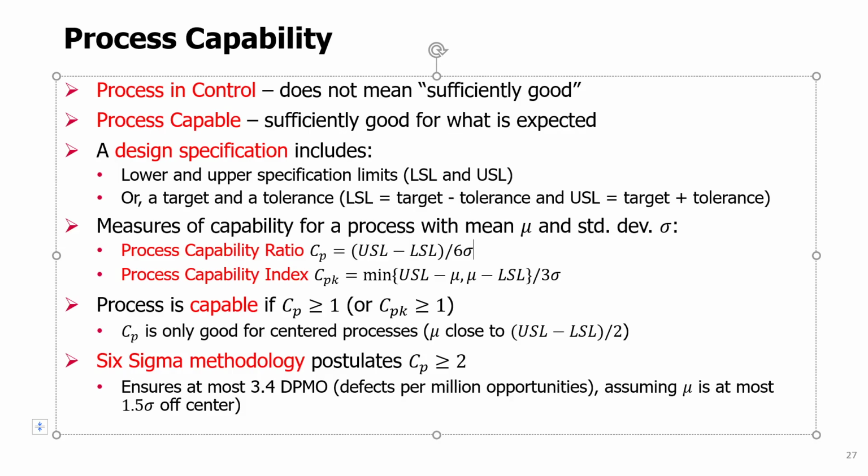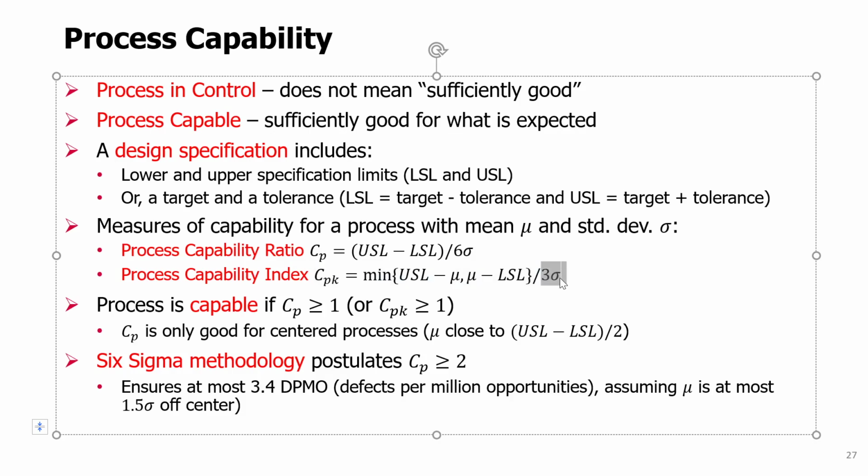So the ratio is comparing how much larger the tolerance is compared to 3 sigma, or how small the variability is compared to the tolerance. The larger the ratio, the better, because the tolerance is wide compared to 3 sigma, 3 sigma being the measure of variability.